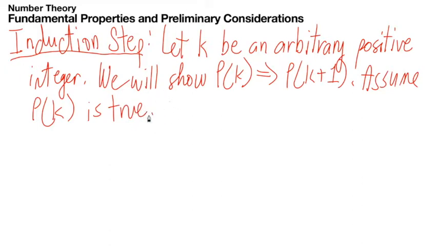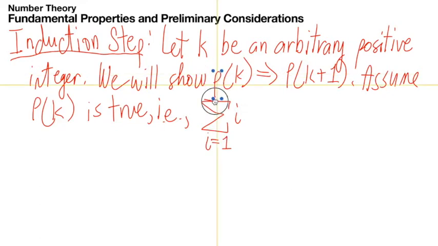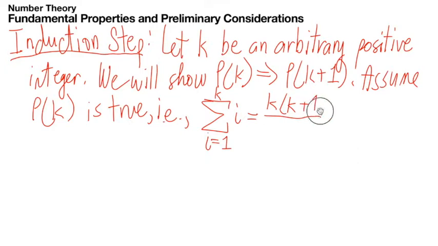Okay, so that is the summation of all i running from 1 to k only. So that's the last element, k, in this example. So it is equal to k times k plus 1, all over 2.